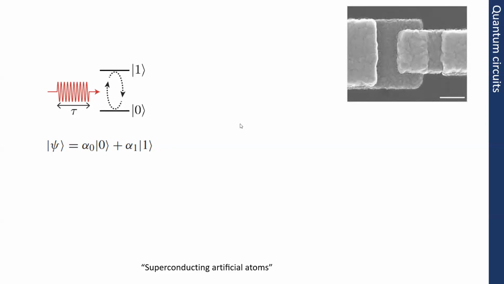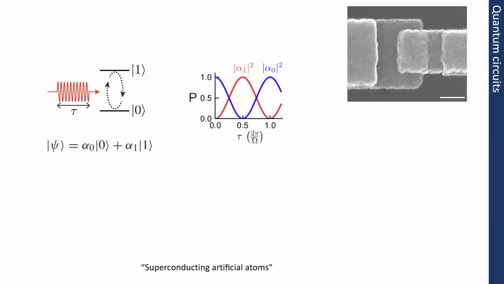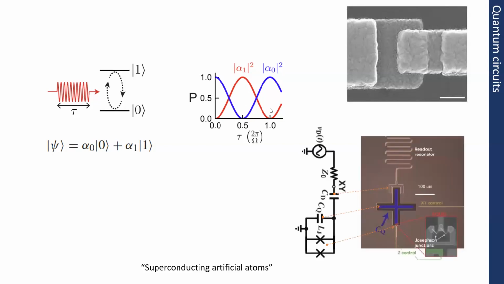So in this approach, a single qubit gate is just a pulse with a different duration. The control of this duration leads to the change of the probability of finding the system in the upper state or lower state, and we can design it.